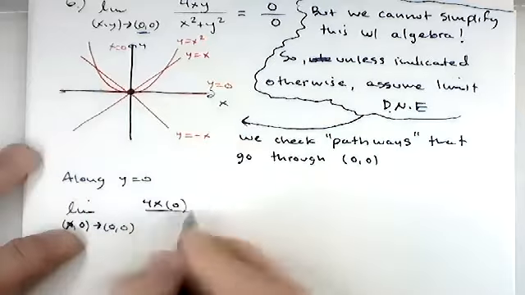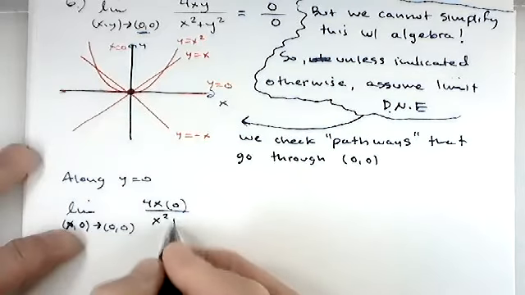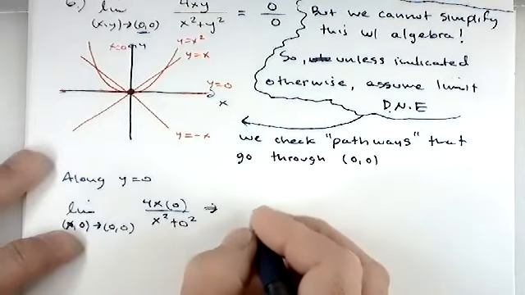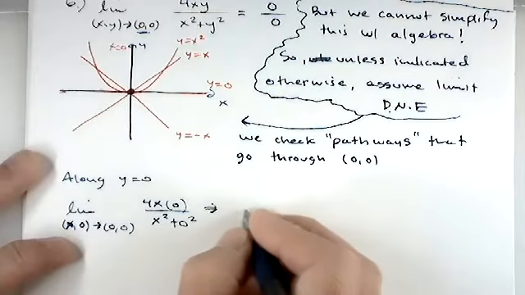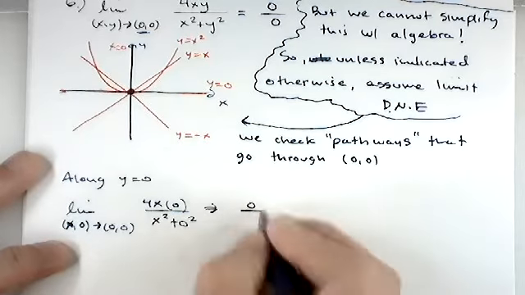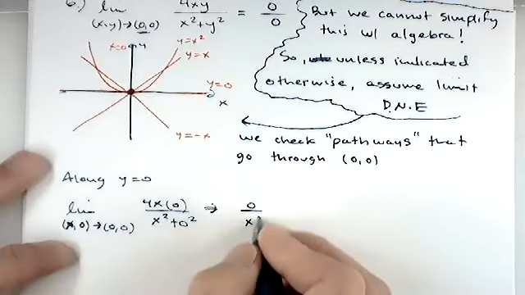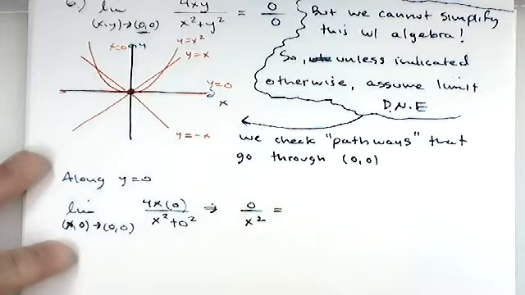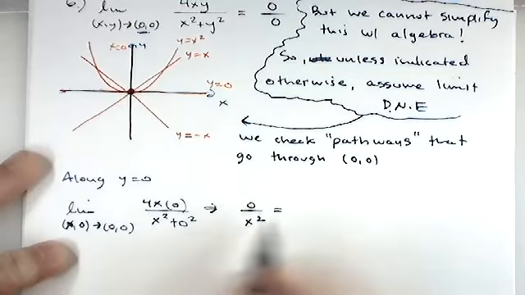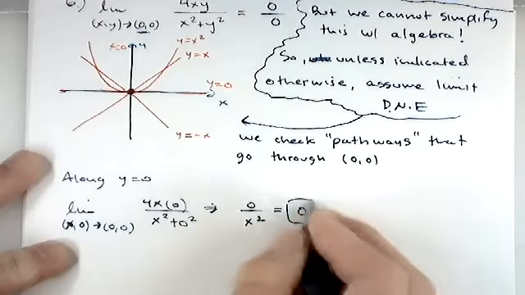Y is 0 over x squared plus 0 squared. This is going to just give me 4x times 0 is just 0, and my denominator is x squared. And if x approaches, well, it doesn't matter. 0 over anything is going to be 0 here, right?